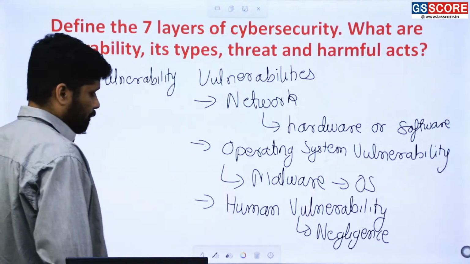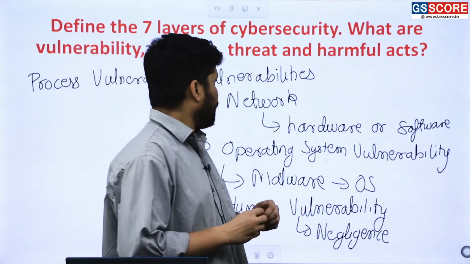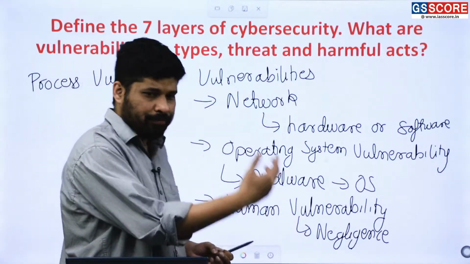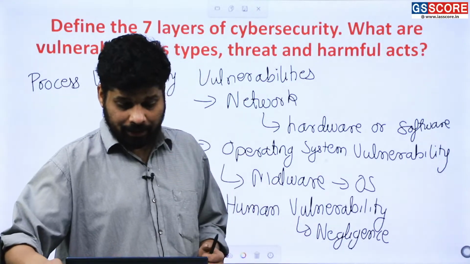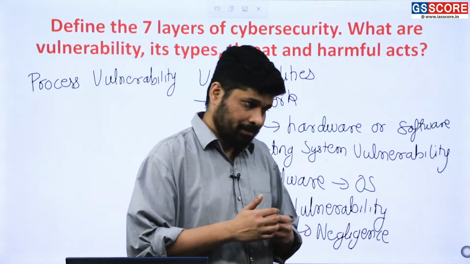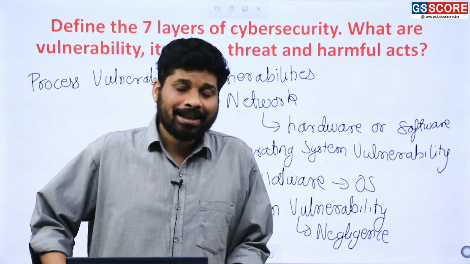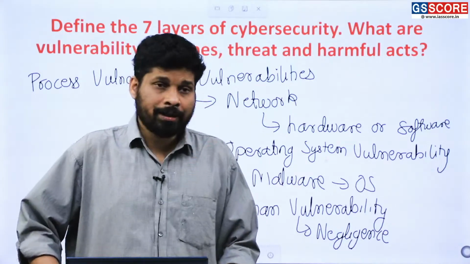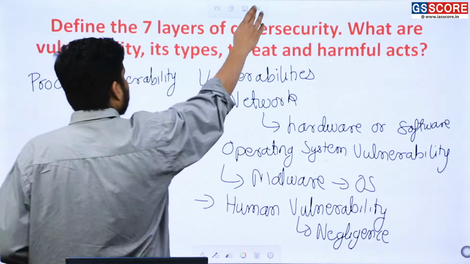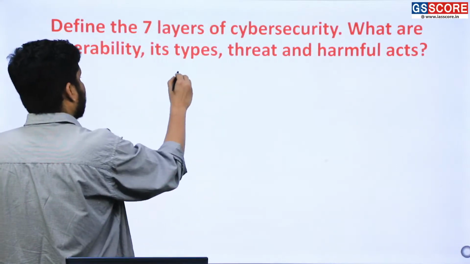Due to this, harmful acts happen. There are risks that come up, and there are threats that may come up. For example, in threats, what do we see? There can be phishing, which is basically copying the system, and there can be unauthorized account access.